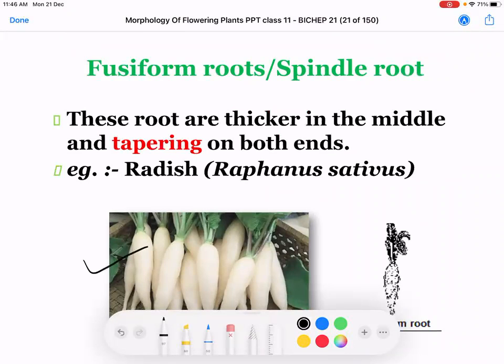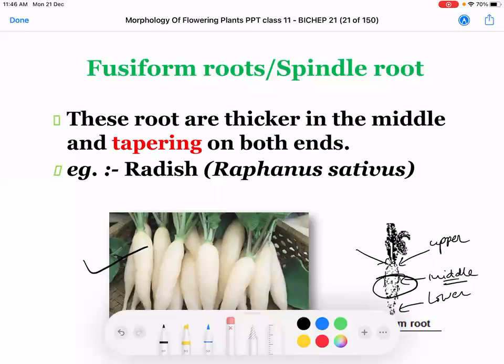Now the upper end and lower end, both are tapered, and it is thick from the middle. So the middle portion is thicker, and it is tapered from each end, that is top and bottom.